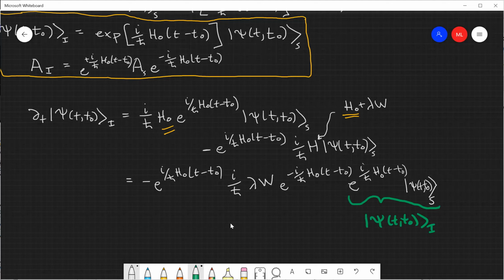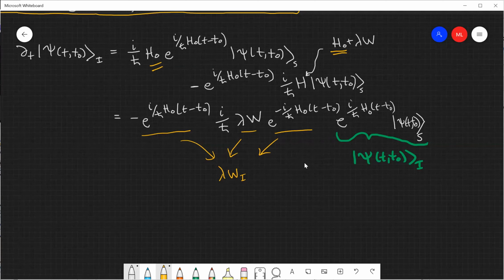And moreover, we can combine this term and this term. These guys are just lambda W in the interaction picture, right? I just go back here. The interaction picture operator is the original operator, sandwiched between these two exponential factors. The interaction picture state is just the original state in the Schrodinger picture multiplied by this factor.